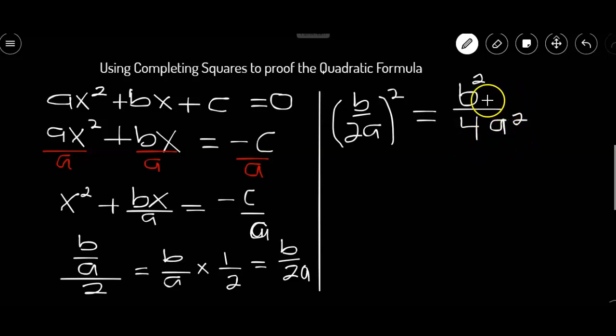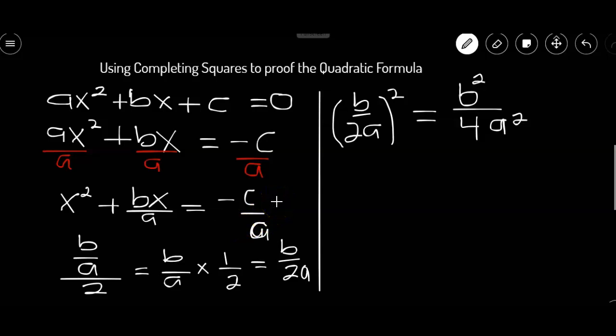Okay, so after that, we have to add this to this side and add the same thing to the right hand side.